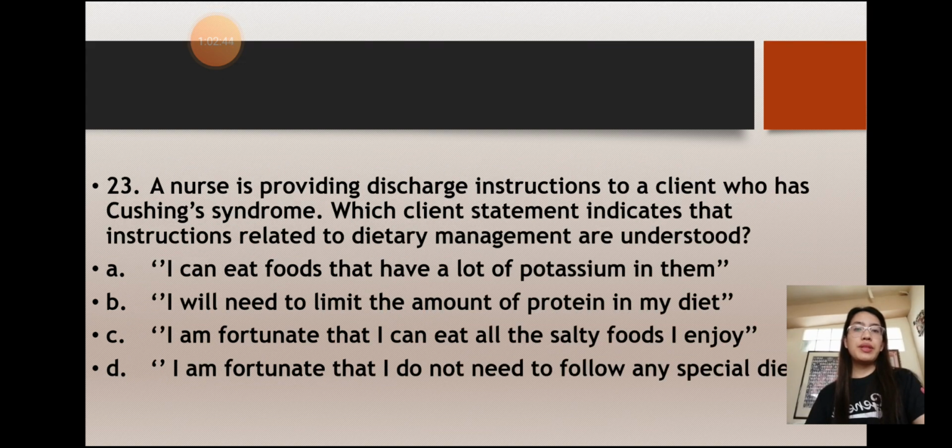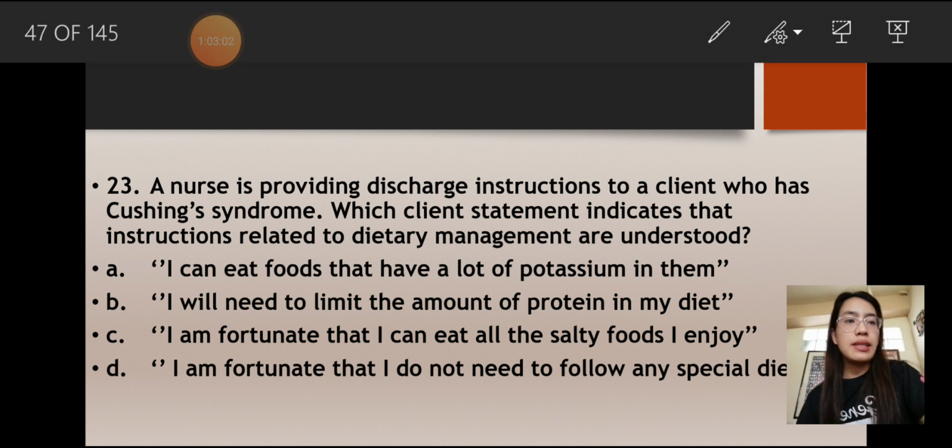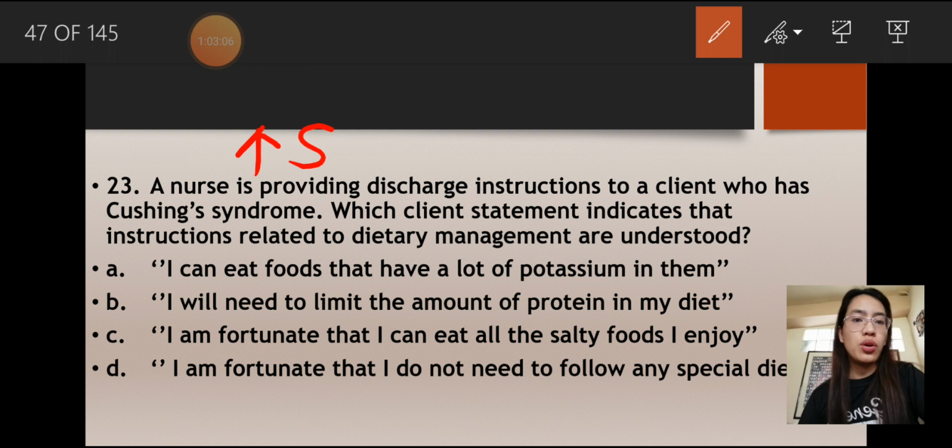23. A nurse is providing discharge instruction to a client who has Cushing syndrome, which client's statement indicates that instruction related to dietary management are understood, naintindihan. Again, always go back to your 3S and your K. So, kung Cushing, mataas ang kanilang S, sugar, sex, and salt, pero mababa ang potassium. Lagi ninyong isusulat yan.